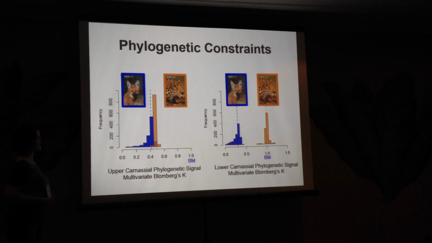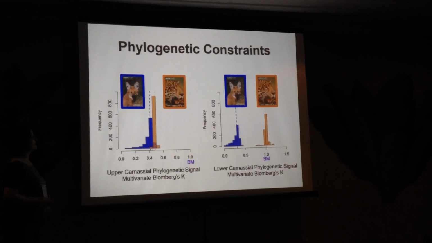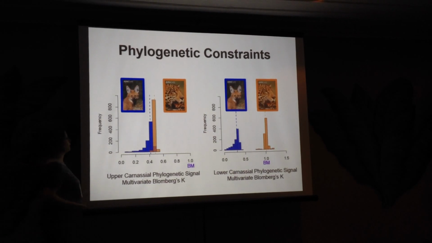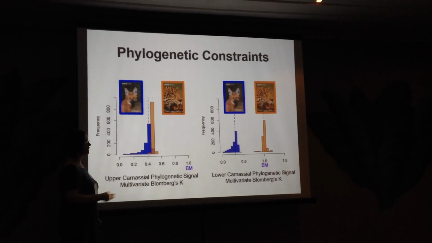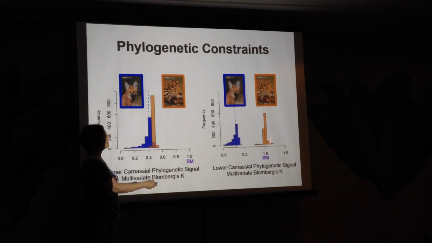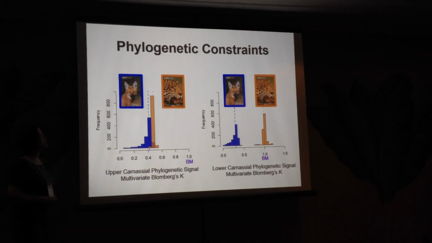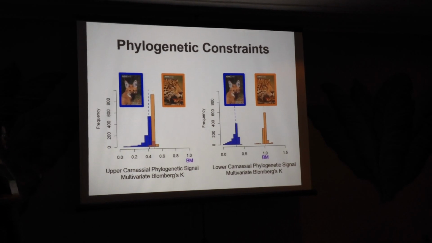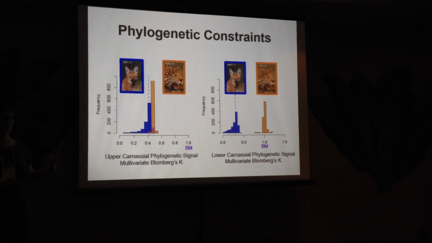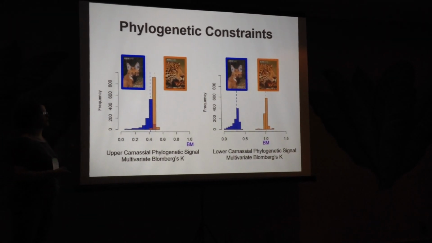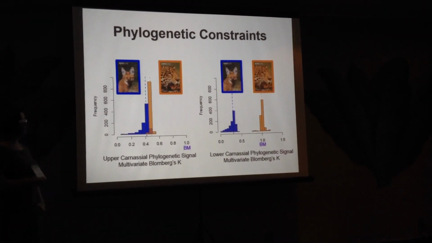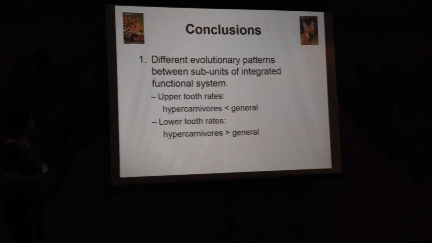Brownian motion expectation is 1, so we can see that neither of these has perfect phylogenetic signal, but the feliforms are higher. But when you look at the lower carnassial, you see a really strong pattern here, that the feliforms are behaving very much like Brownian motion, maybe even slightly more clustered than you would expect under Brownian motion, suggesting really strong phylogenetic constraints on the lower tooth morphology, and very different from the caniforms.